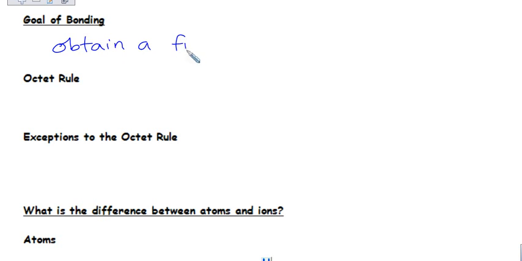So in general, the goal of bonding is to obtain a full outer shell of electrons. Most atoms do not come with a full outer shell, and having a full outer shell, having all your orbitals full, is very stable.